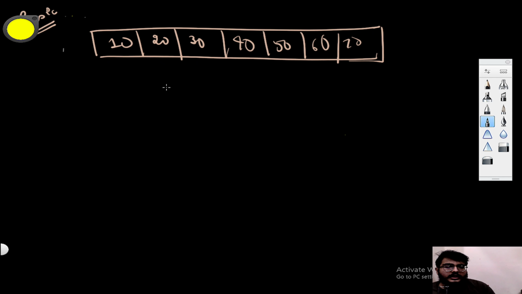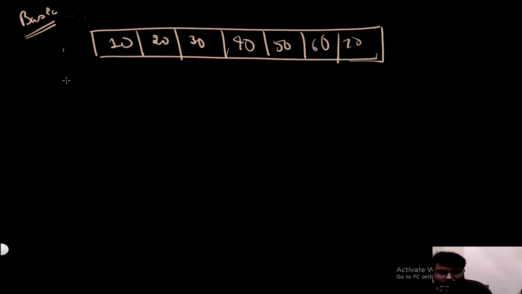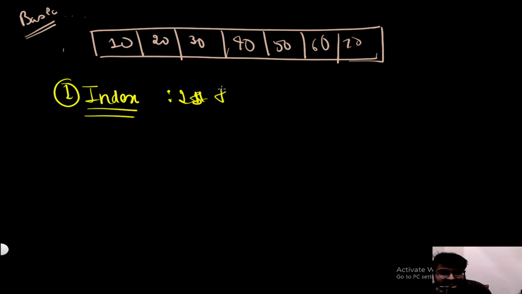Perfect. Now the first definition which I want you to know is of index. What is an index? Index is the place in the array where your element is stored.